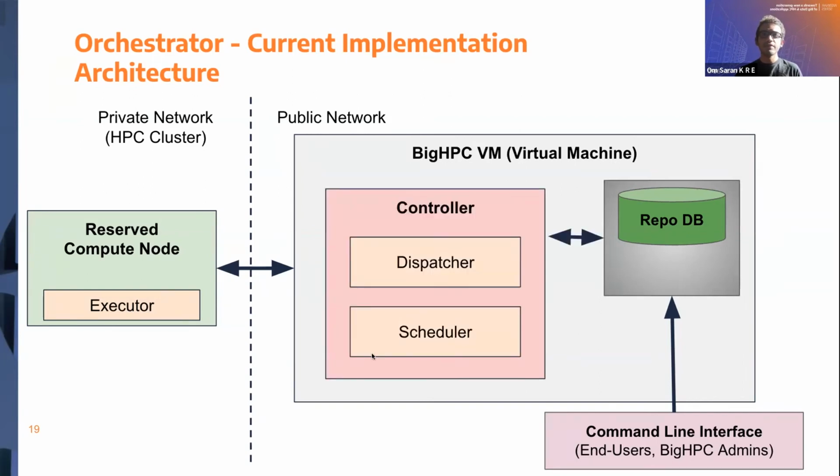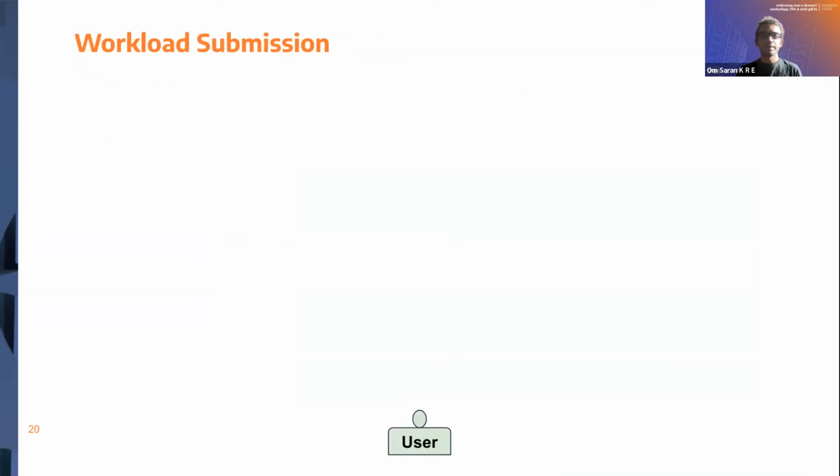Then in the BigHPC VM, we have the controller, which Amit had previously described. Its main responsibility is to schedule the user-specified workloads on the appropriate compute nodes. And the job of the dispatcher is, once it's scheduled, to dispatch it onto the compute nodes and run them. So this is what the architecture overall looks like.